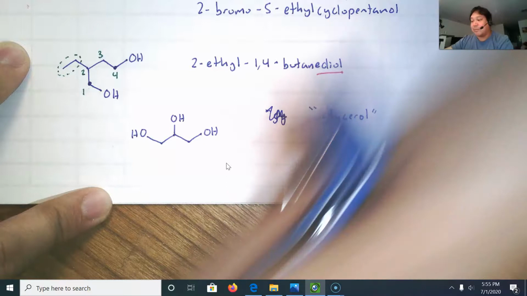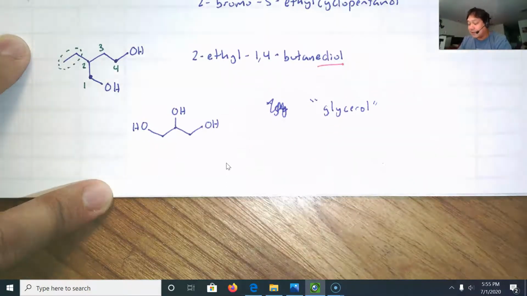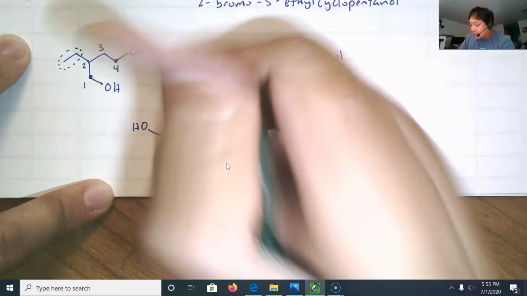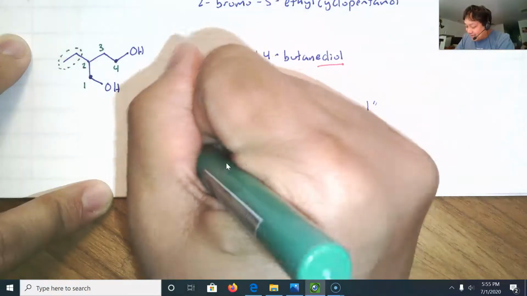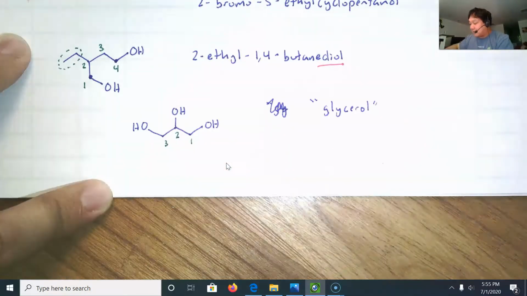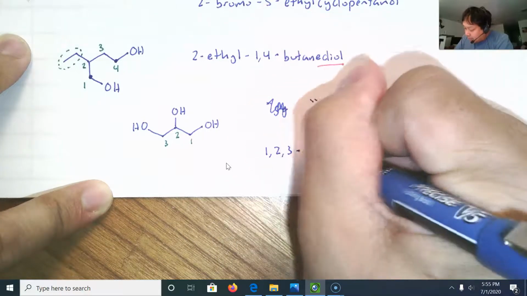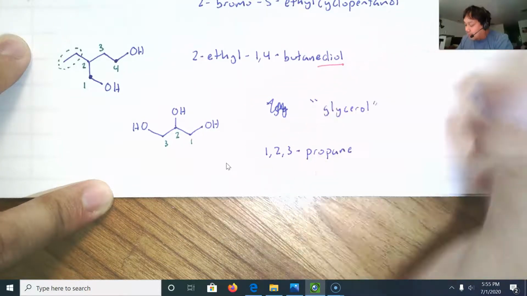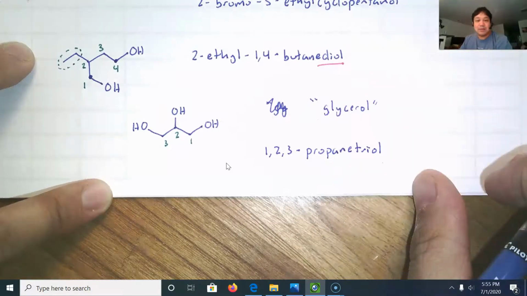So this is very important biologically, a building block for your cell membranes. But in terms of naming this via IUPAC rules, 1, 2, 3, propane, keep the E, triol. 1, 2, 3, propanetriol.